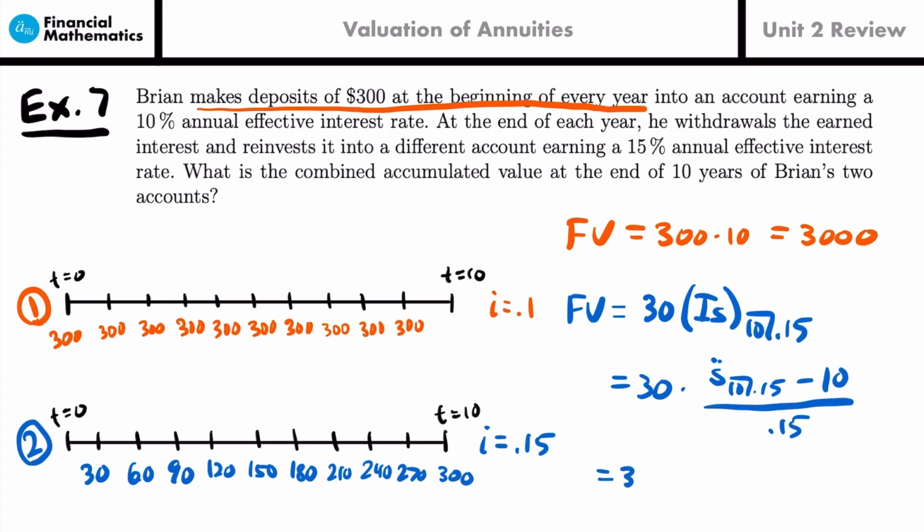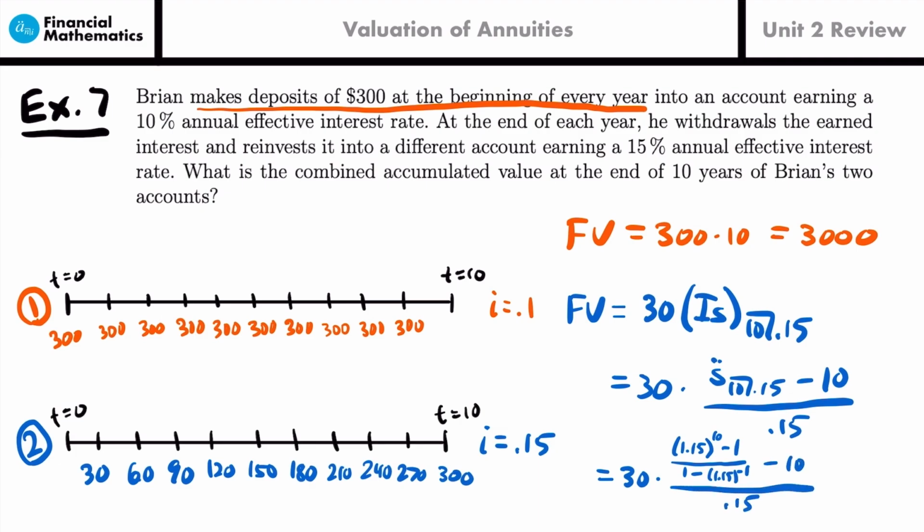This would be equal to 30 times ((1 plus the interest rate, so 1.15 to the power of n, which is 10, minus 1) divided by (1 minus v, which is 1 minus 1.15 to the power of negative 1)). You could write 1 divided by 1.15, but to save space, I'm just going to write it to the power of negative 1. Then you have minus 10 divided by 0.15.